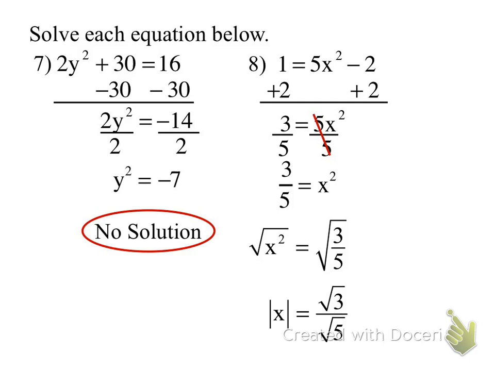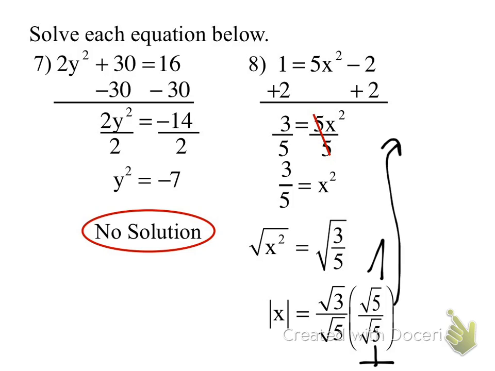Okay, we multiply by a fancy 1. And again, what I did here was I took the square root of x squared as the absolute value of x. Earlier today, somebody wanted to multiply by radical 3 over 5. I'm multiplying by a fancy 1. And so what do we get here? What does that become?